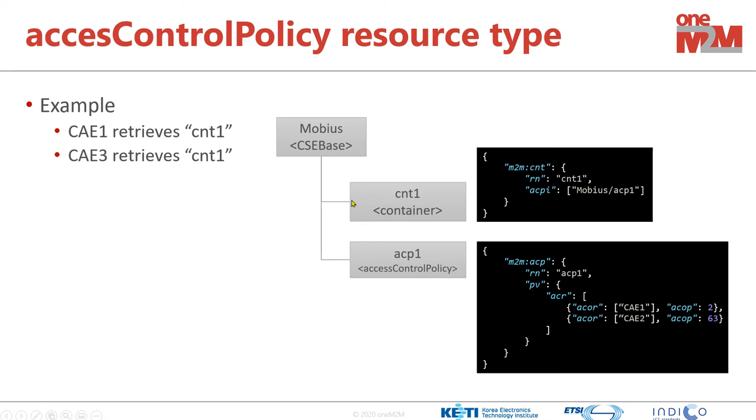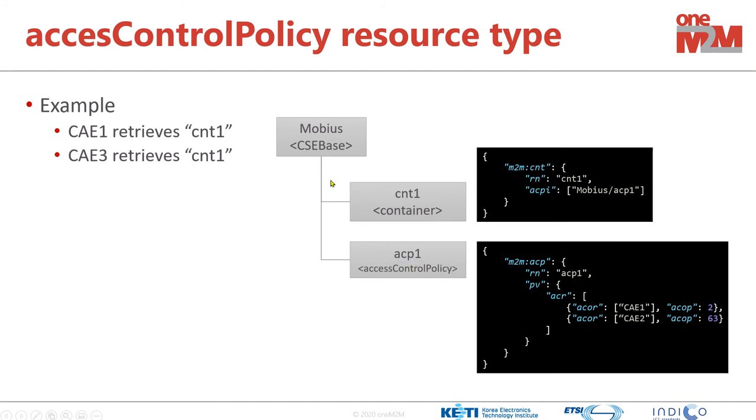So when someone tries to retrieve, for example, container one, the CSE that gets that request will find if there is an access control policy setting, and there it is, which is Mobius/ACP1, this resource's identifier.